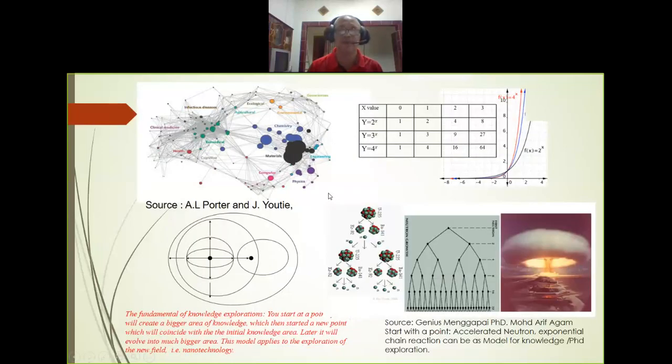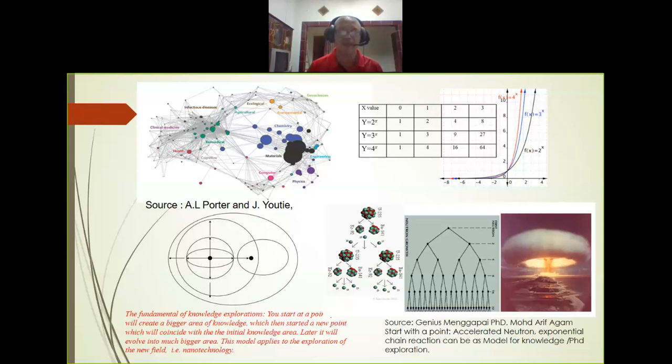Okay, so now if you look at this image here, that is the fundamental of knowledge exploration. You can explore it from the left to the right, or from above to below, meaning that you can go to any point that you like.